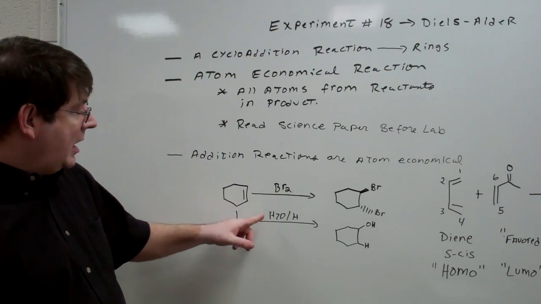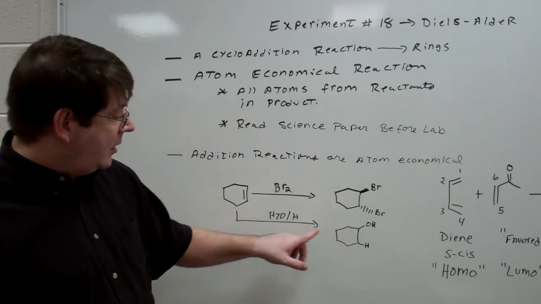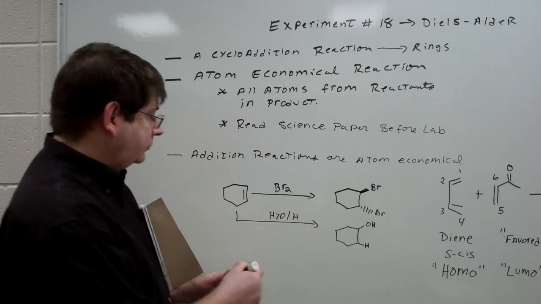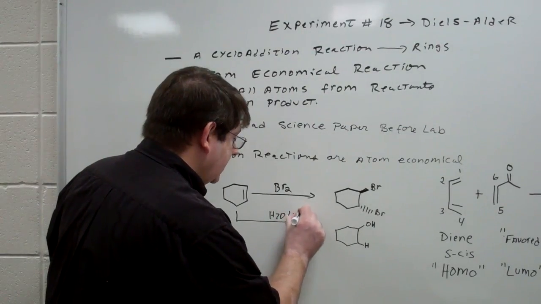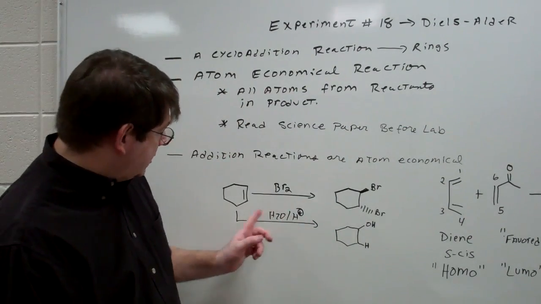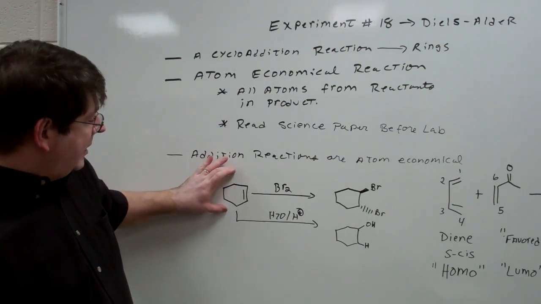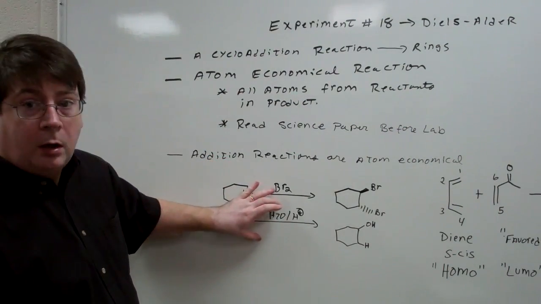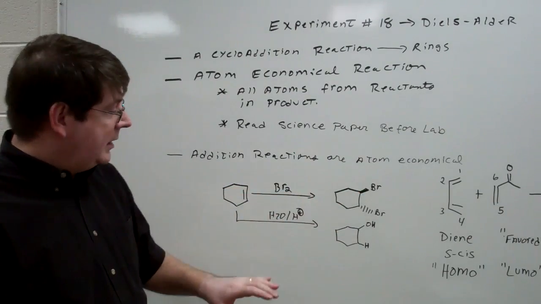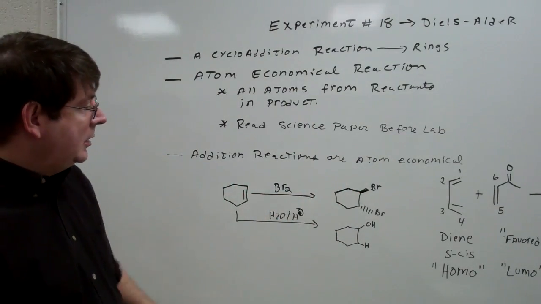Also, if we take an alkene and add water across the double bond, even though we have to use an acid as a catalyst, all of the atoms from the alkene and the water end up in the product. And so it's an atom-economical reaction.